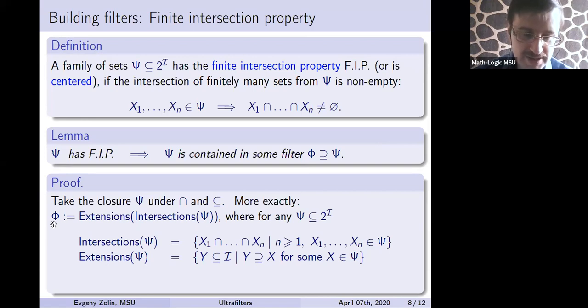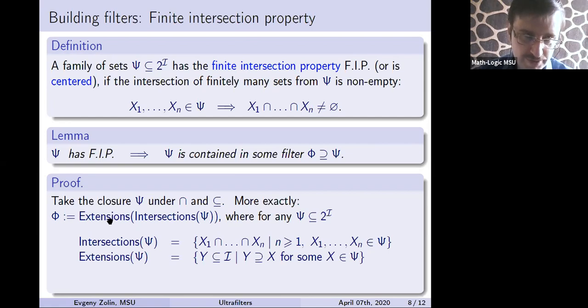An easy exercise, I will leave it as an exercise: show that if we do like this, then we obtain a filter. So you need to check four properties. Of course, property 2, I belongs to this collection. Of course, it's easy by this construction.